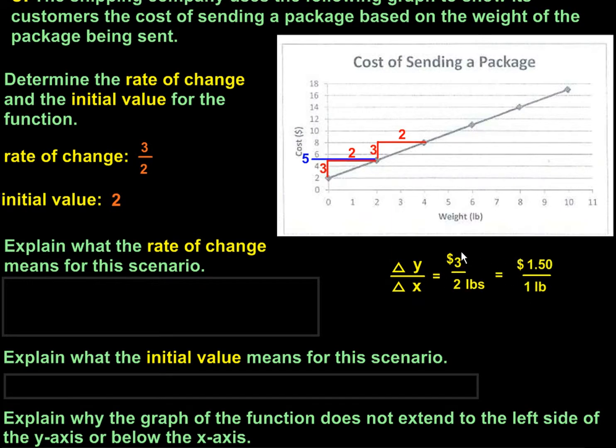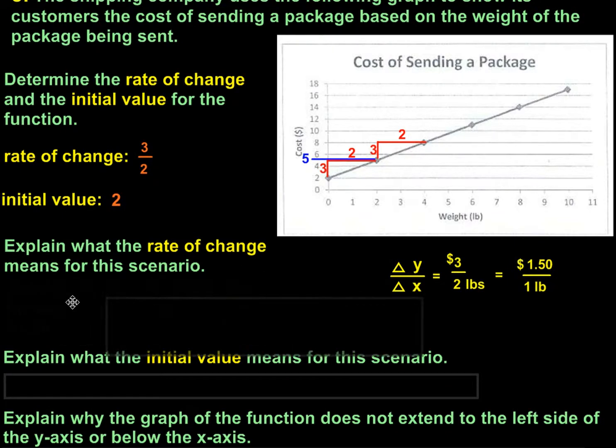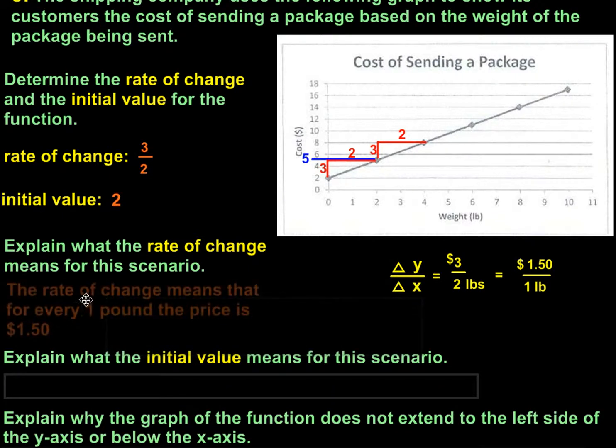It really doesn't change the outcome. So if we explain what the rate of change means for this scenario, it simply means that for every 1 pound, the price is $1.50. Looking at it this way, for every 2 pounds, the price is $3.